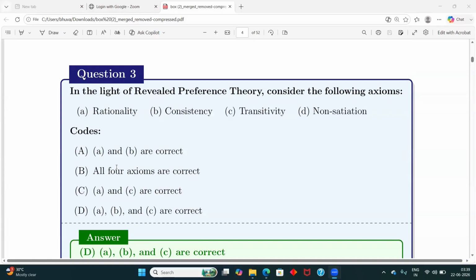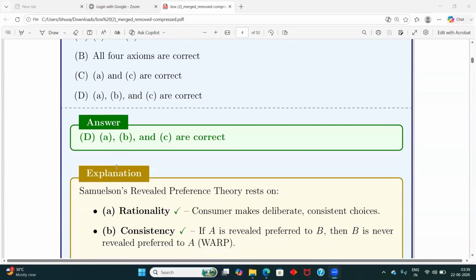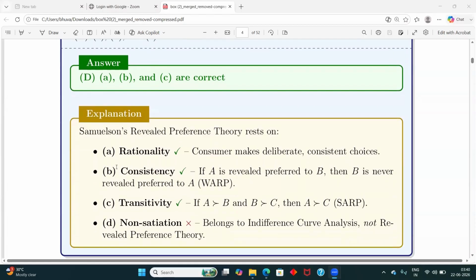Let's see the explanation of these axioms. Revealed preference theory is given by Paul Samuelson. The first axiom is rationality: the consumer makes deliberate, consistent choices. Revealed preference theory satisfies this axiom.